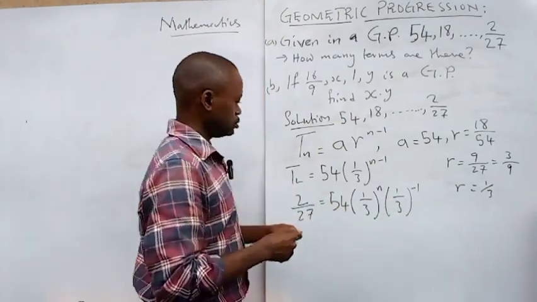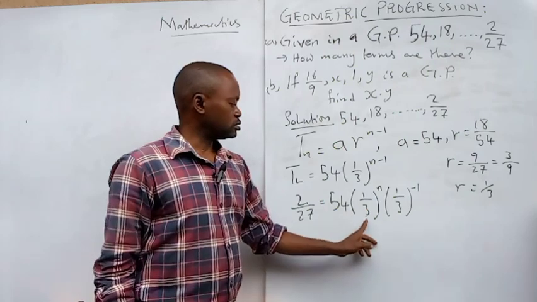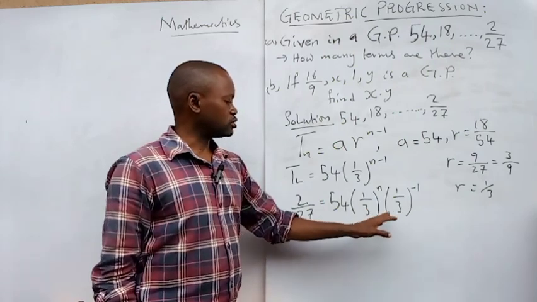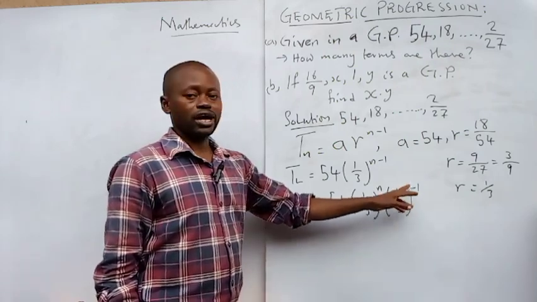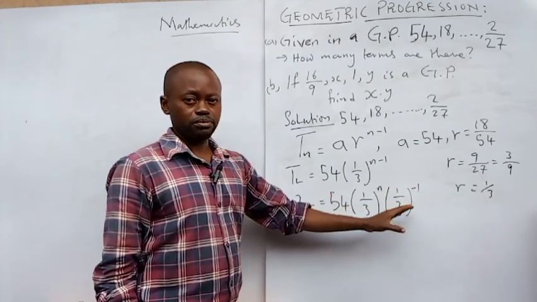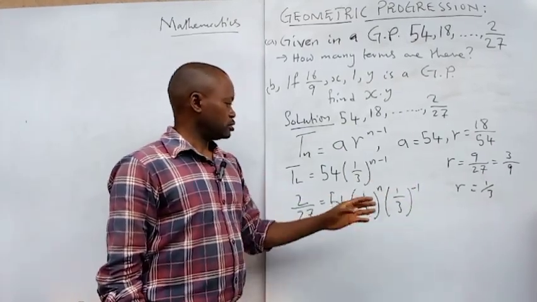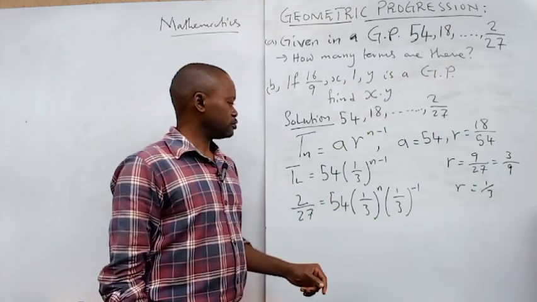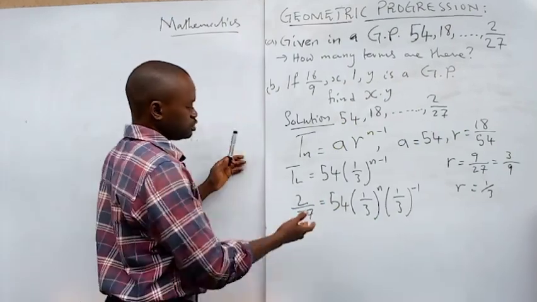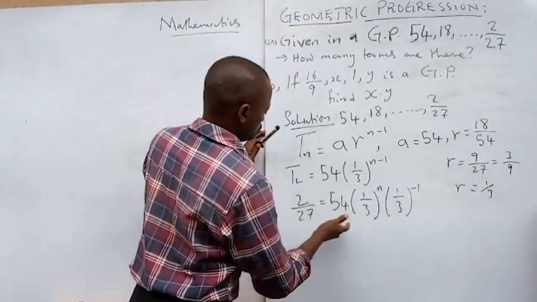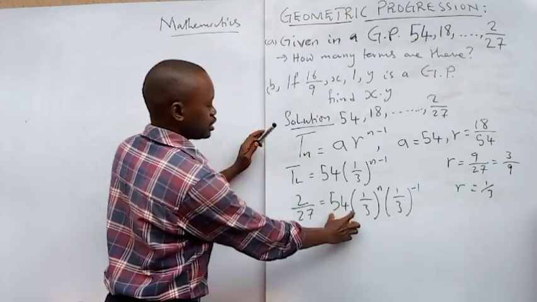In indices, when two terms of the same base are multiplying each other, you can add their powers, for the fact that the bases are equal. We have taken note of that. Now I want to divide both sides by 54 so that I can take it away.